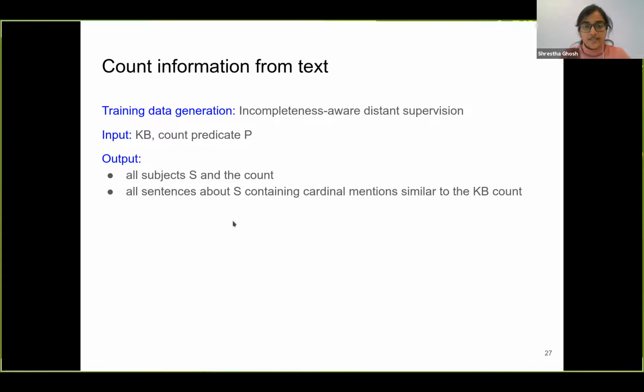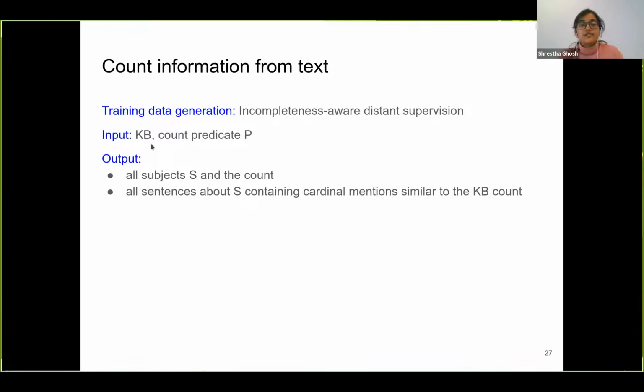So basically, if we have number of children, then we firstly identify all the subjects that we are going to concentrate on, and then look at all the Wikipedia pages associated with those subjects, but only take the sentences which contain the counts close to the knowledge base.